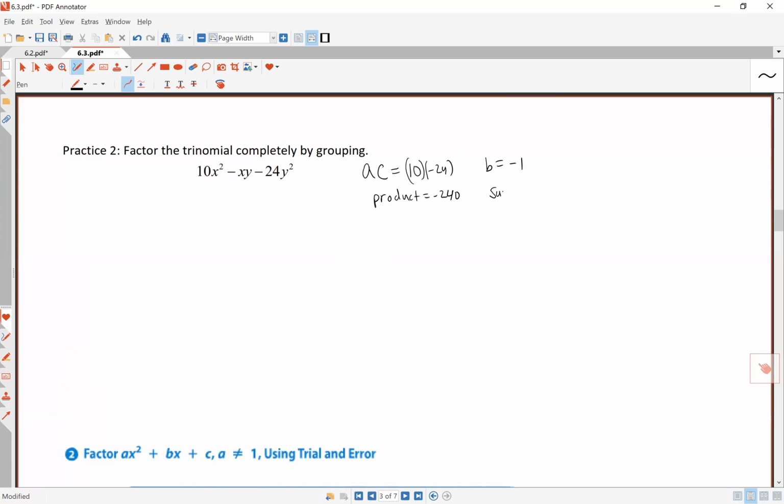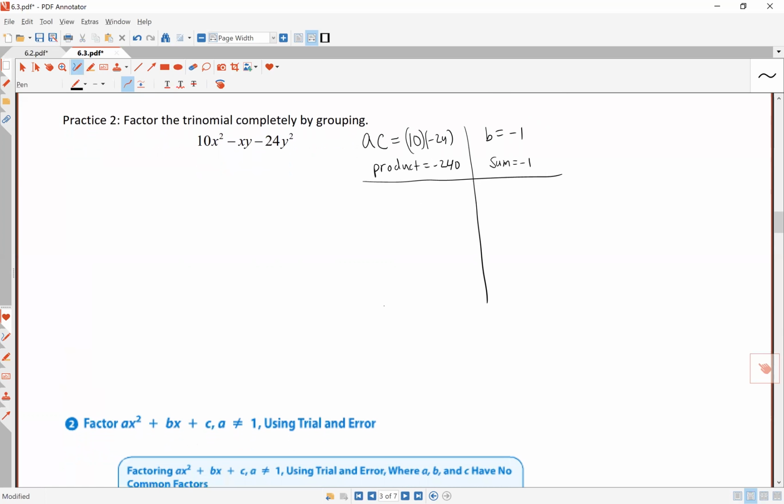So we want a sum that's negative 1. So we ended up with a pretty big product number this time. 1 and 240 is way too far away because we know that since it's a negative 240, one of them has to be negative, and the sum needs to be negative, so we place the negative on the bigger one.